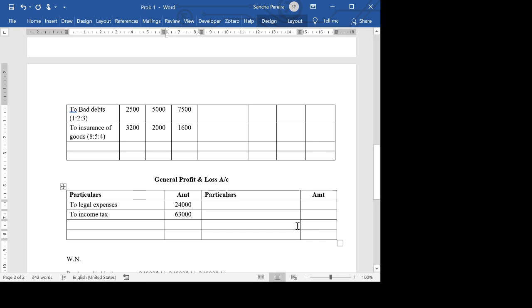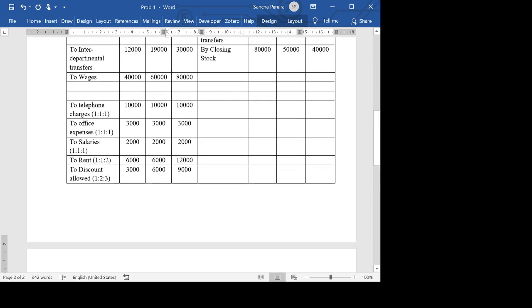Okay. So we have posted everything. What we have to do now is just do the balancing and the closing.